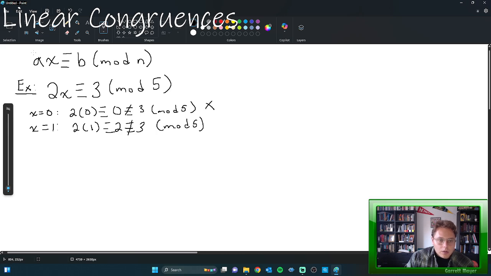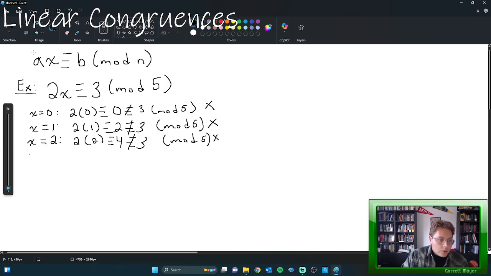What about x equals 2? Well, 2 times 2 is congruent to 4, which is not congruent to 3 mod 5. Okay.